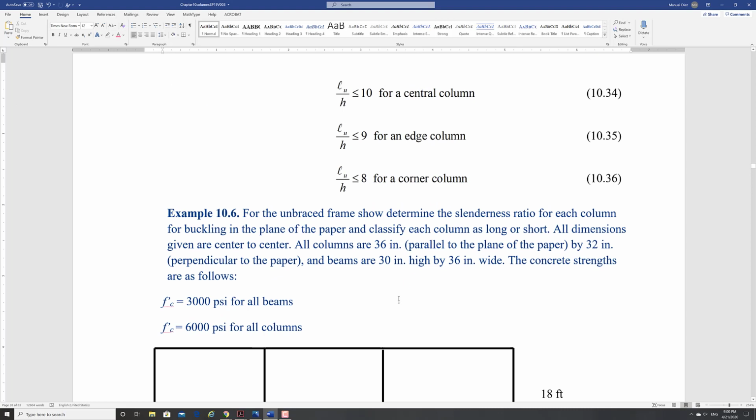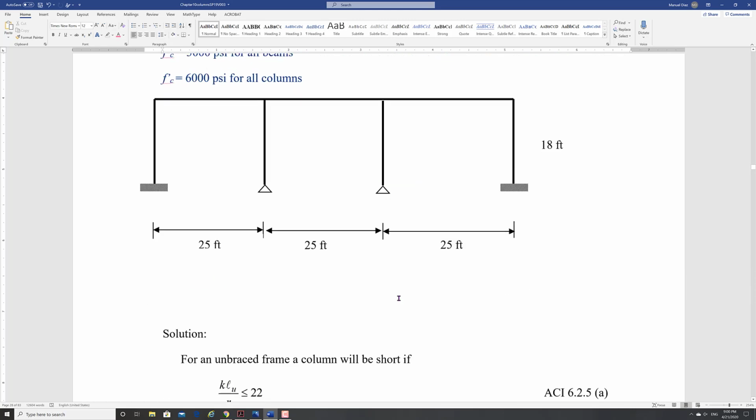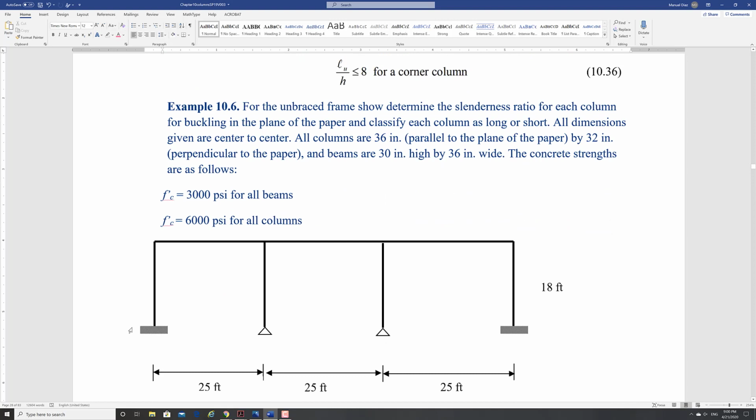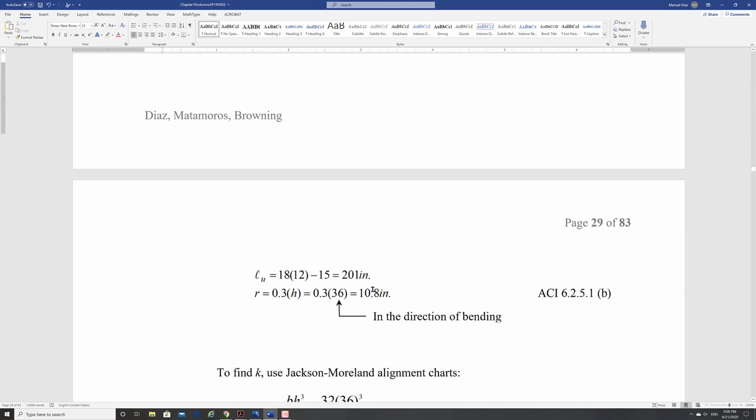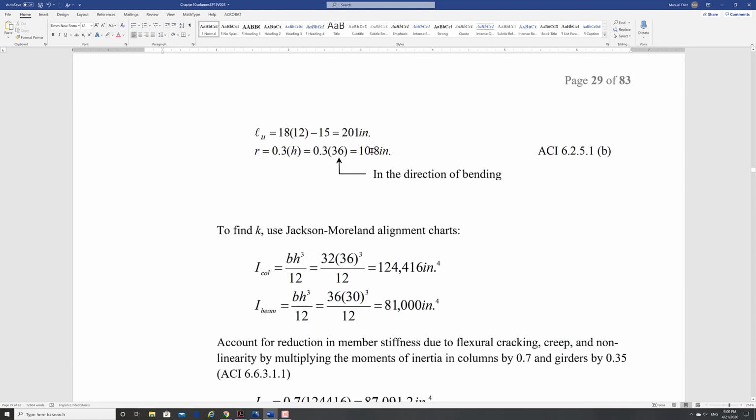So for that case, my h will be the dimension parallel to that lateral load, which is 36. Okay. So we use 36, and that gives me my radius of gyration.